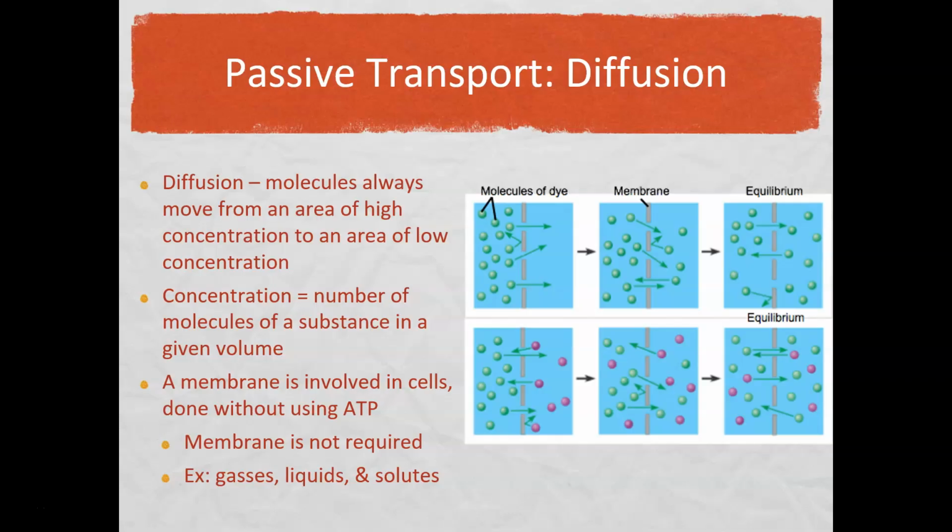So when we define what concentration means, we're talking about the number of molecules of a particular substance, sugar, for example, in a given volume. So think of it like this. We talk about things like those Mio flavor packs, right? You flavor your water with them. So if you look at it in the actual packaging that you buy at the grocery store, it's very concentrated.